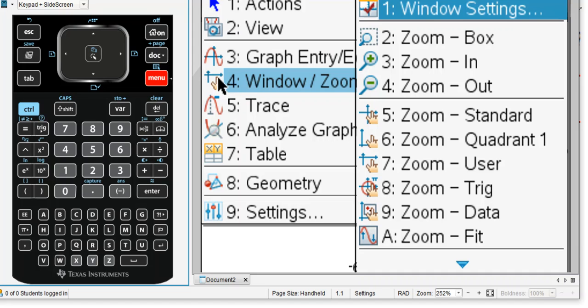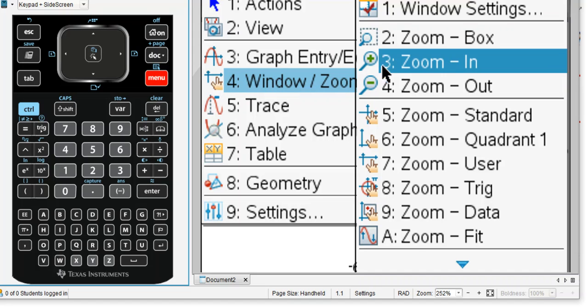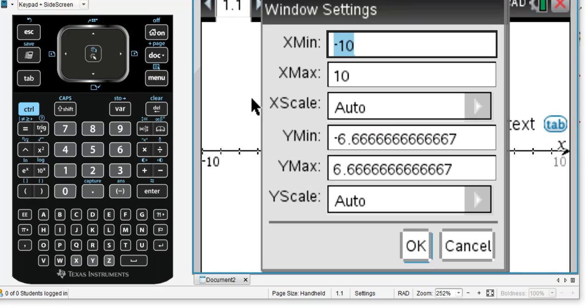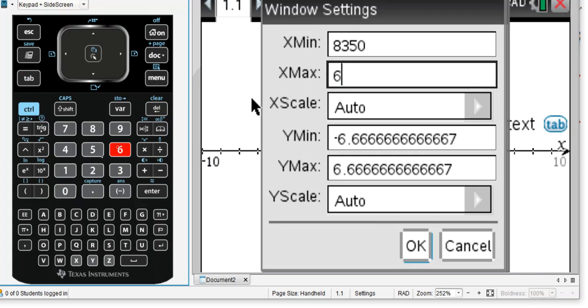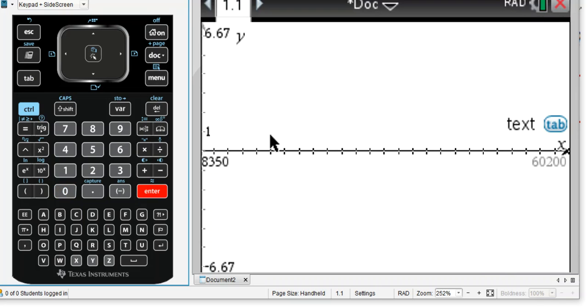If we click on Menu and choose Option 4, and then Option 1, we can specify the x values for which we're focusing. So in this case, we have x values from 8350 on the minimum side, up to 60,200 on the maximum side. I'm going to ignore the y values, the range numbers, for just a moment. I'm just going to tap Enter here.